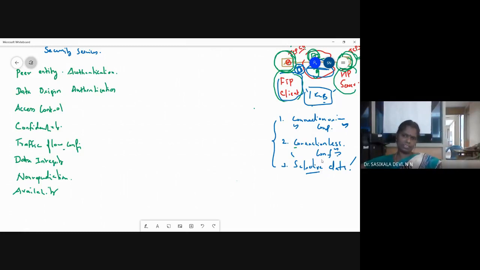You need not ensure the integrity of the data for the entire portion, only the data which is somewhat sensitive. We have two subcategories of non-repudiation, origin and destination. Finally, availability. These are the major services.